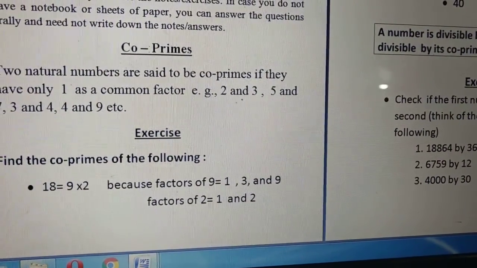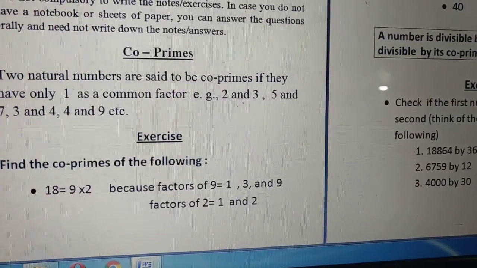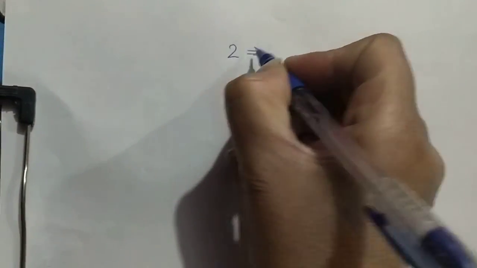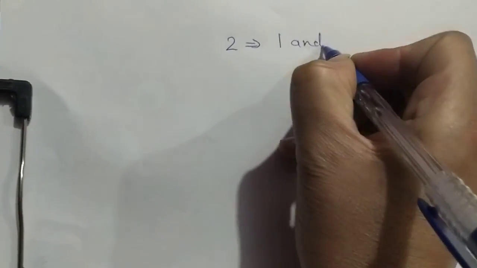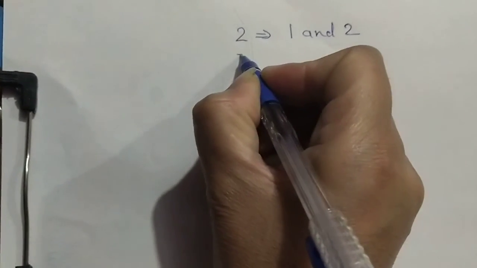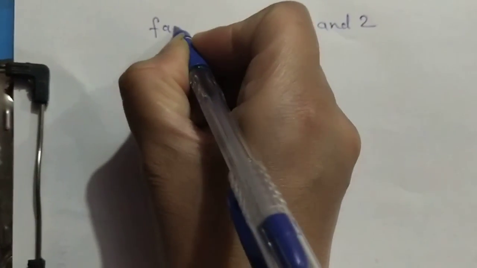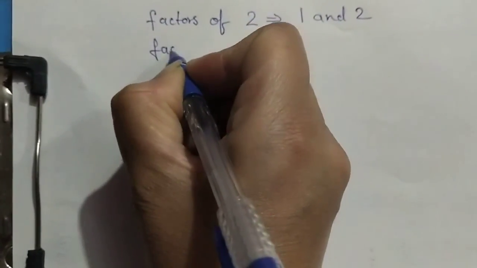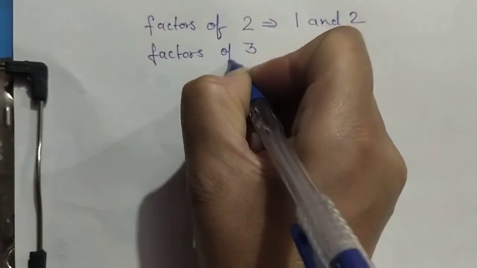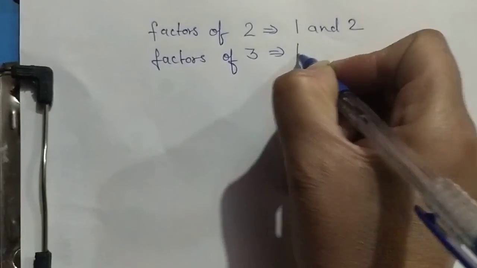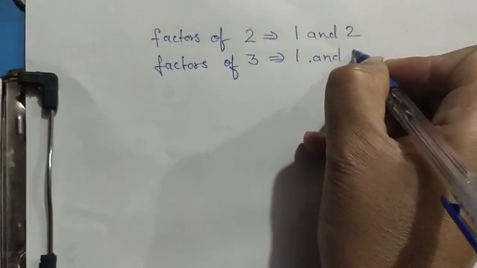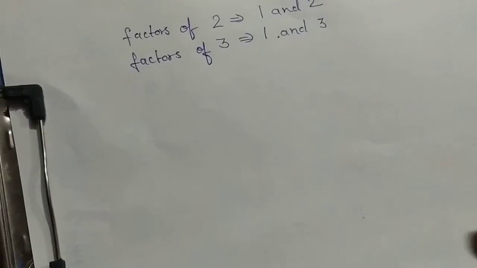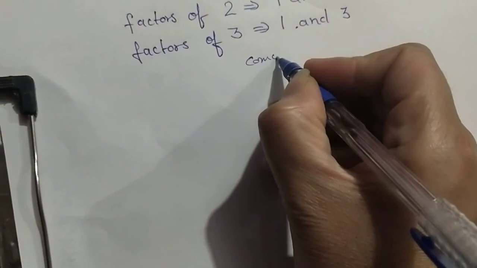My first example is 2 and 3. Now see how these two are co-primes. Factors of 2 are 1 and 2. Now all the factors of 3 are 1 and 3. So what is the common factor here?